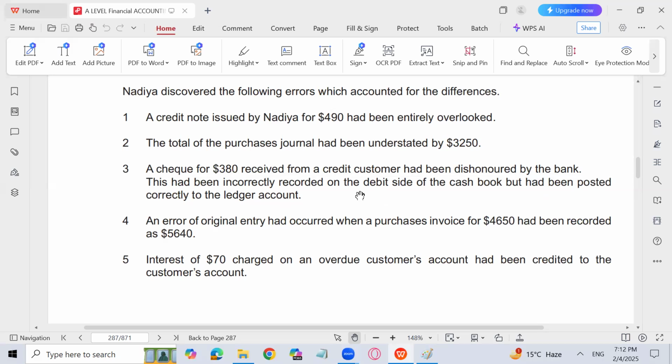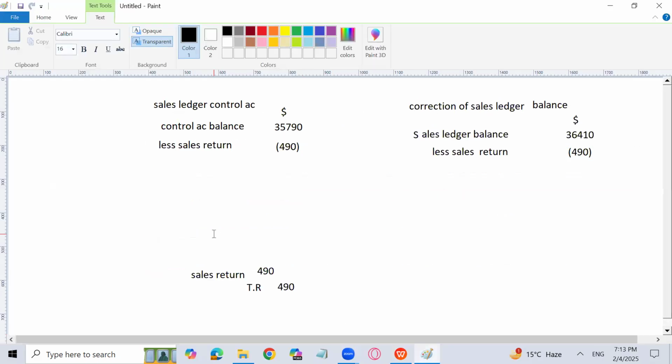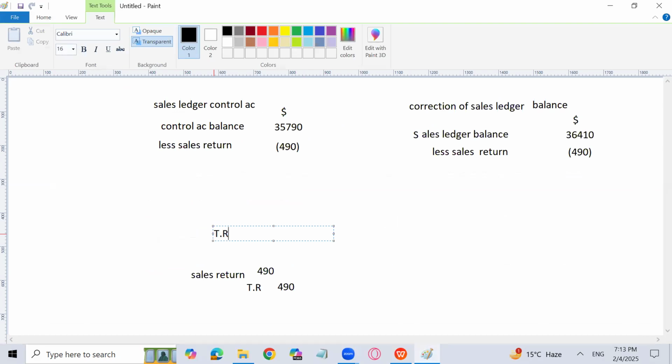So first of all, we have to see that if a cheque received from a customer has been dishonored by the bank, how are we going to record this? Trade receivable debit and bank credit. This was the entry.